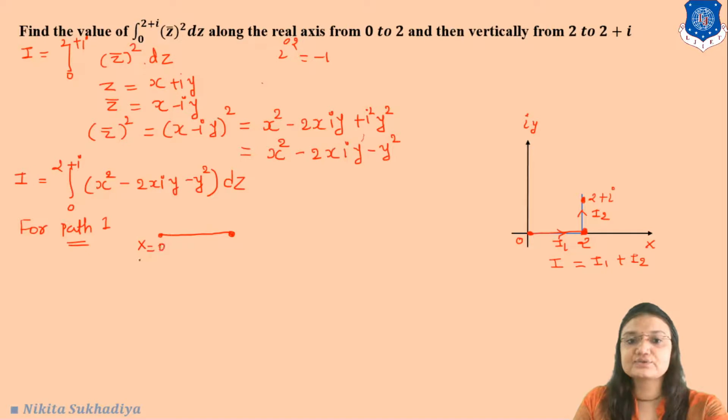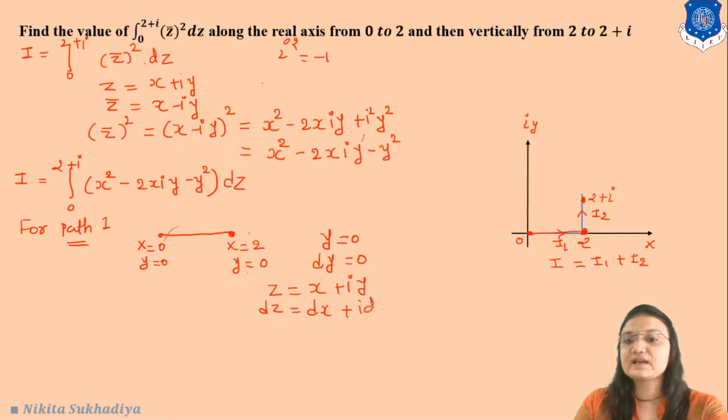Here x = 0 and y = 0, and here x = 2 and y = 0. So you can clearly see that x goes from 0 to 2 and y remains constant, y = 0, so dy = 0. And since z = x + iy, dz = dx + i dy. But dy = 0, so dz = dx.